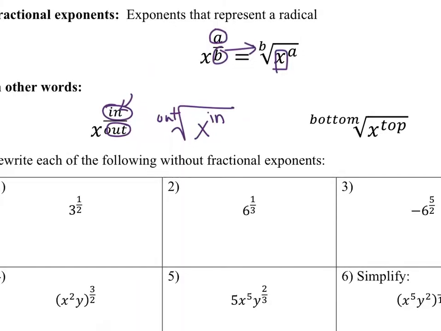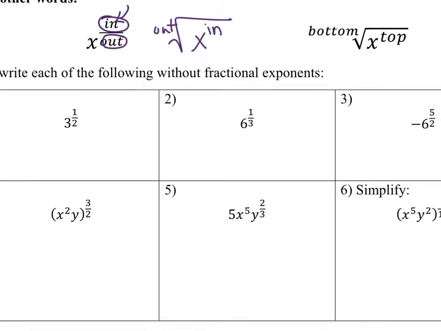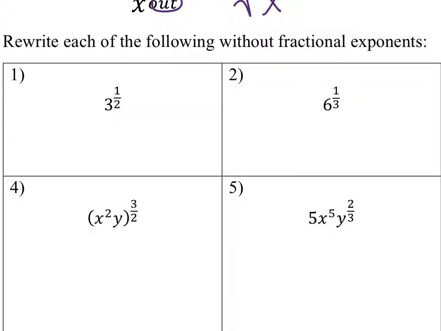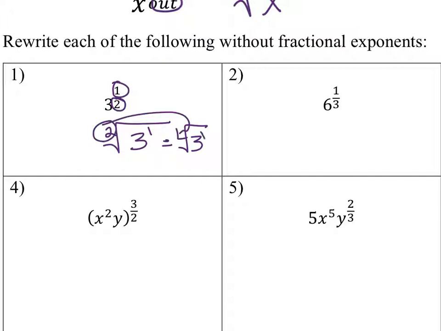So when I write this as a fraction here, that's 3 to the 1/2 power. If I rewrite this as a radical, this is the exponent on the 3, and this is the index that goes right there. Now what's interesting is this particular one, you could just write radical 3, and it means the exact same thing. That 2 is understood to be there, and you all know that the 1 is understood to be there.